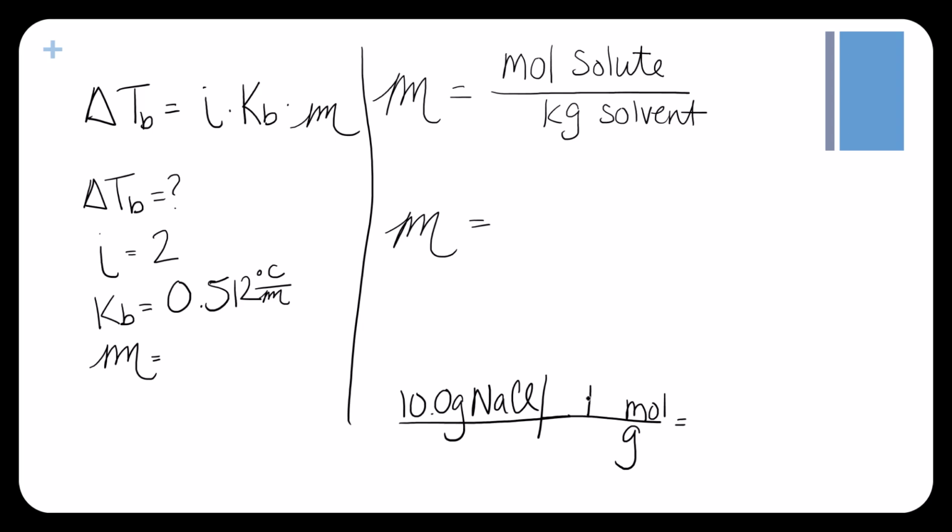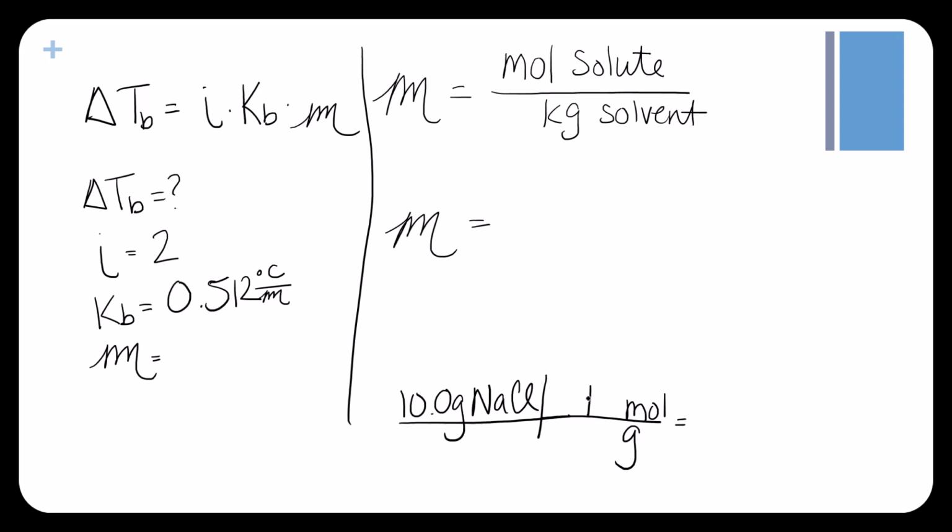I'm now looking at a periodic table to determine the molar mass of sodium chloride. Sodium is 22.990 and chlorine is 35.453.